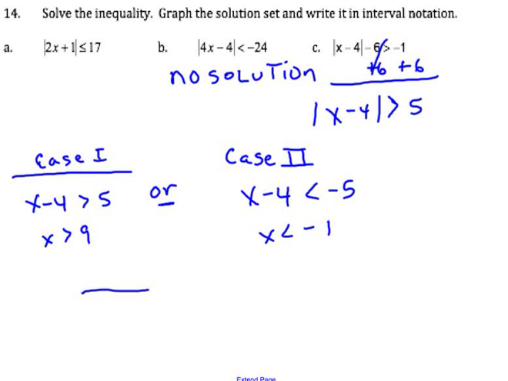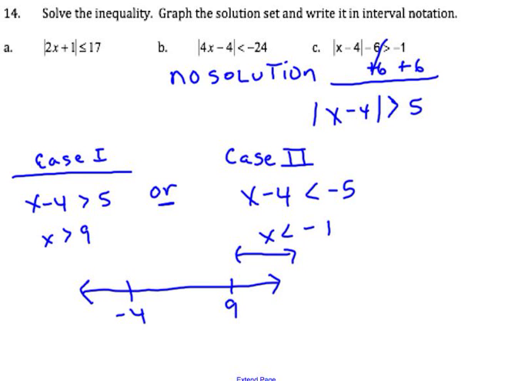So when I go to graph that, my 2 critical points for my graph, and I'm okay if you just graph your critical points on here and don't graph the entire graph. All the ticks on the number line, I mean. Okay, I have x is greater than 9, which would look like that, and I have x is less than negative 1. Whoops, I wrote negative 4, didn't I?